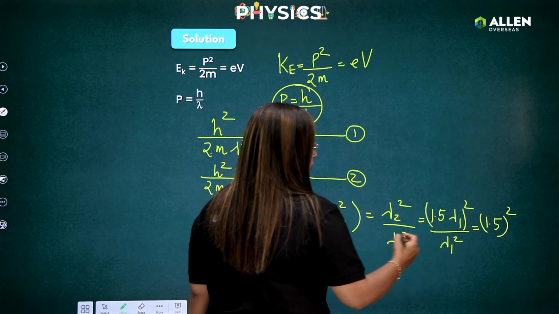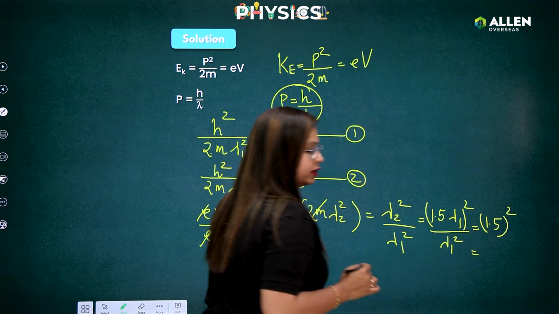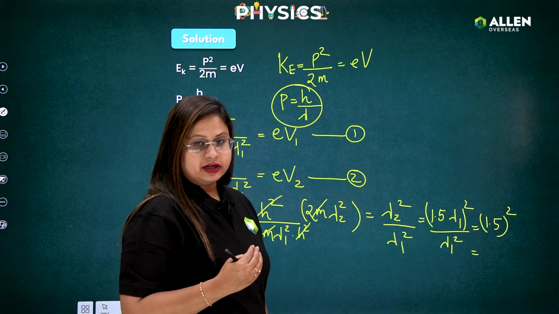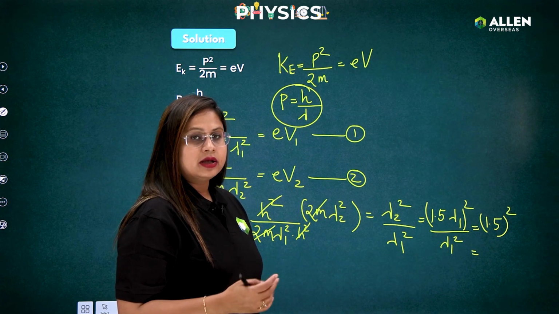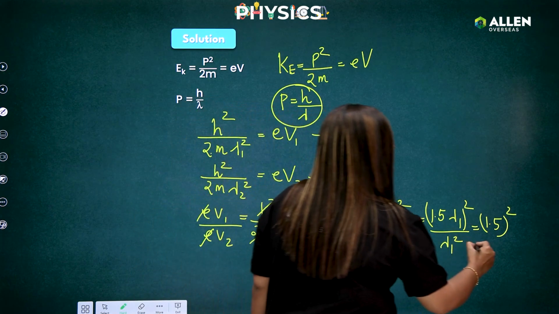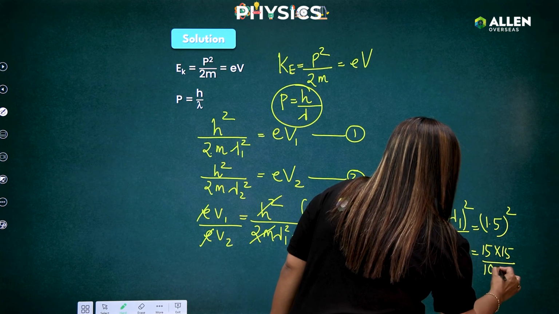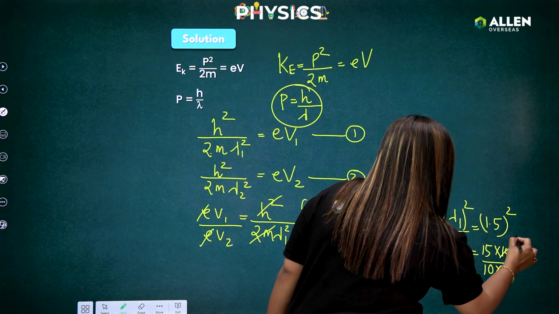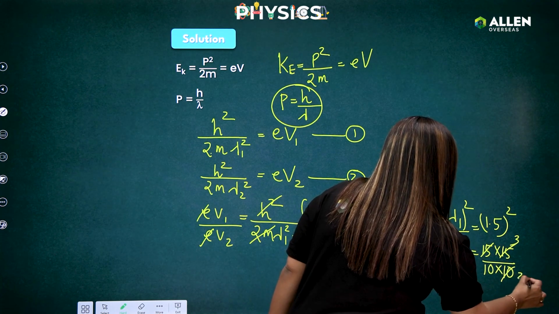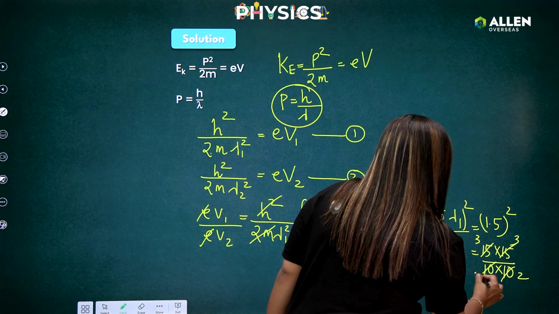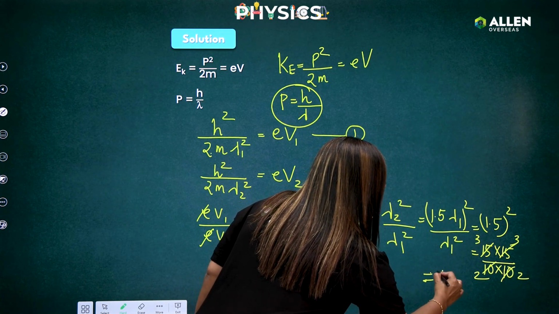So 1.5 lambda 1 whole square divided by lambda 1 square is 1.5 whole square, because lambda 1 square and lambda 1 square get cancelled. You know that 1.5 can be written as 15 by 10, so 15 square by 100. We can easily write it as 15 into 15 divided by 10 into 10. This is just to avoid mistakes, so do the question very carefully. These are very easy, so we should not make any mistakes.